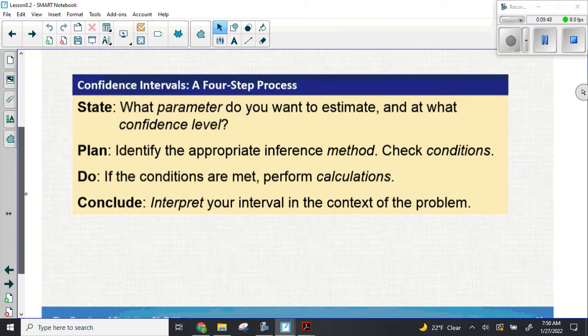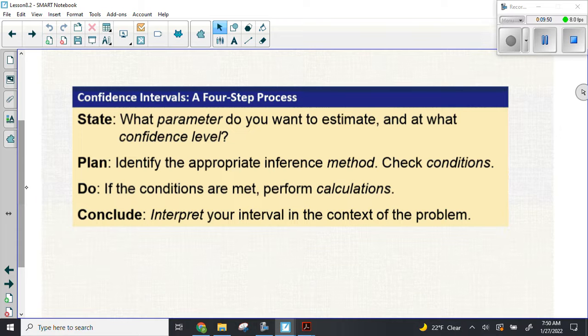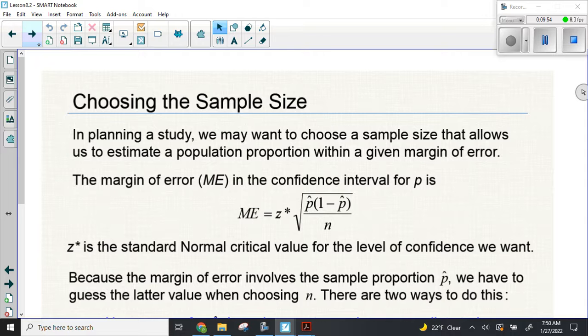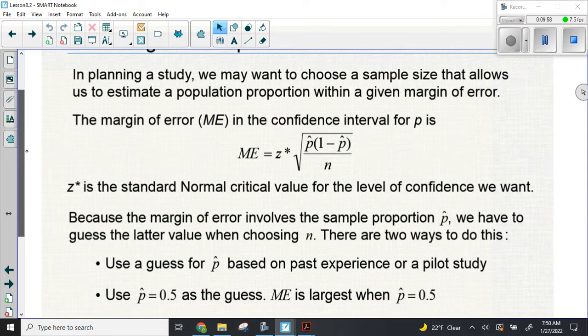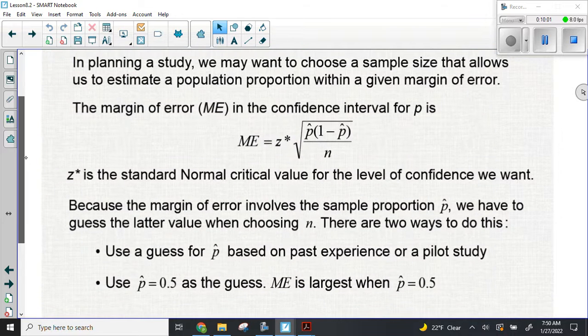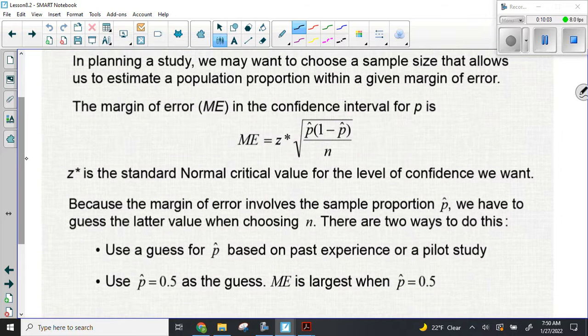There is this 4-step process. I am going to lay out a different process. Margin of error. So it is important that if you have not been given a value for p hat, which does happen, you got to do this.